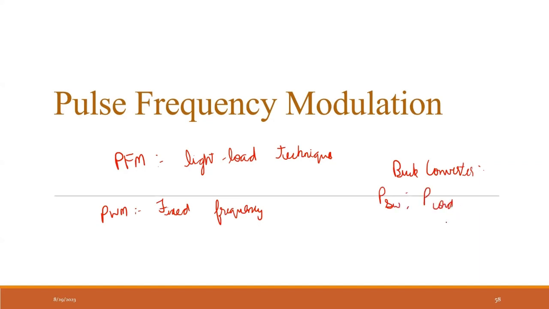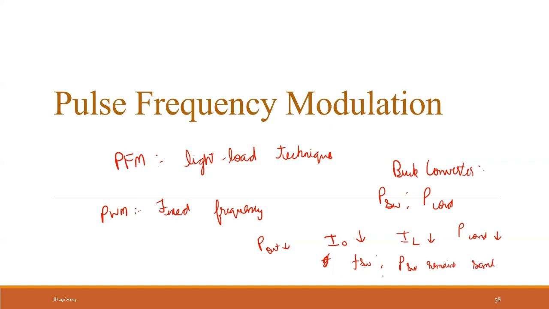Now, light load means the output current is low. If the output current is low, the inductor current also becomes low. So the conduction loss, the peak conduction loss, also reduces. That is good. But if we are operating at a fixed switching frequency, at light load the output power has also reduced, and my switching loss still remains the same.